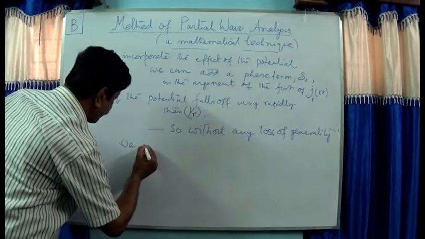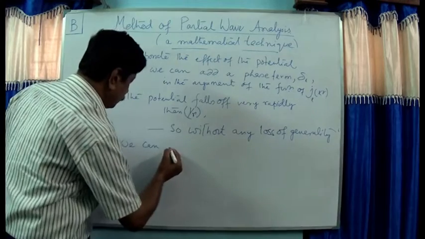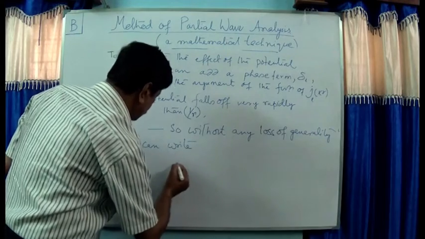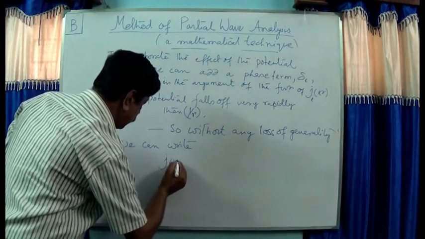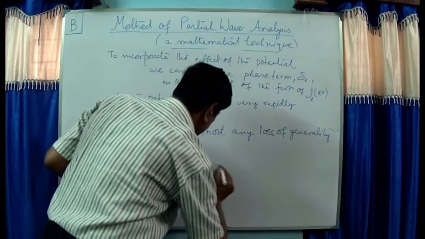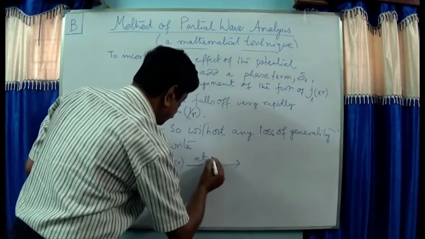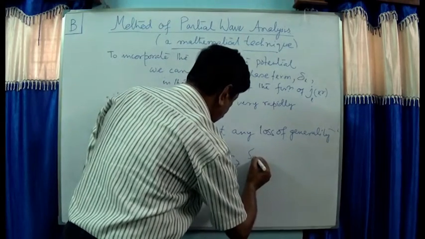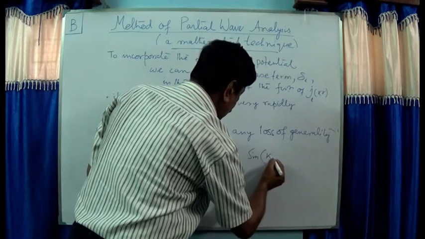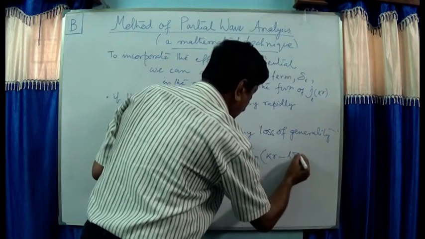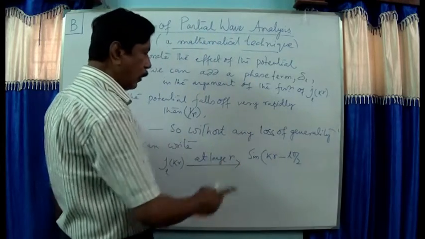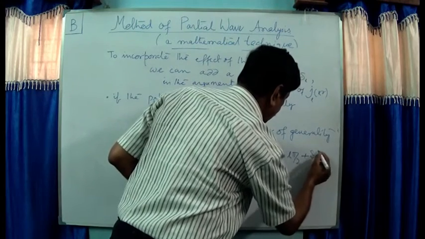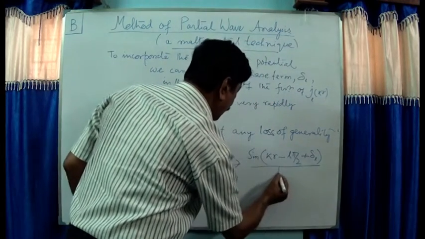So, without any loss of generality, we can write J_L(KR) at large R as sine of (KR minus L pi by 2, as it was for the free particle, plus an extra term delta L) whole divided by KR.